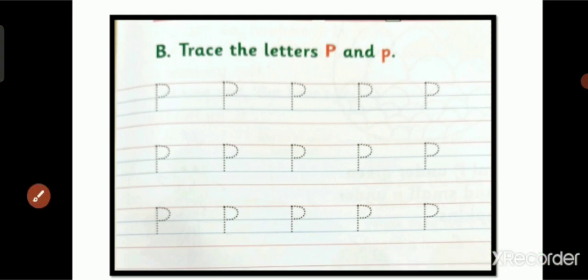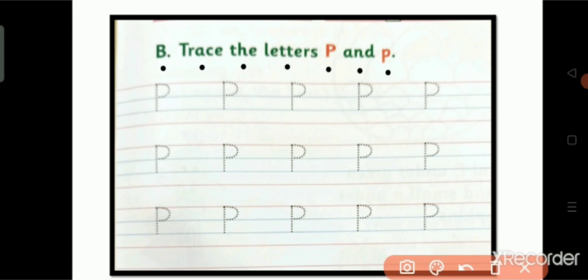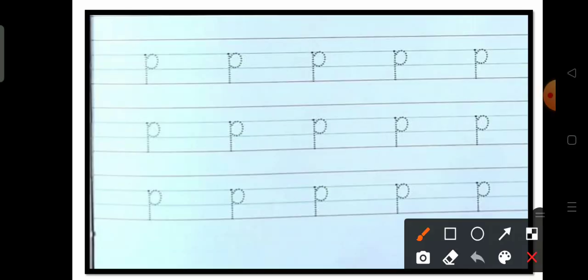Here we have to trace. This is capital letter and we are going to trace it. Standing line and a curve. This is capital letter P. Standing line and a curve. Capital letter P. We will trace small letter p by saying the sound.